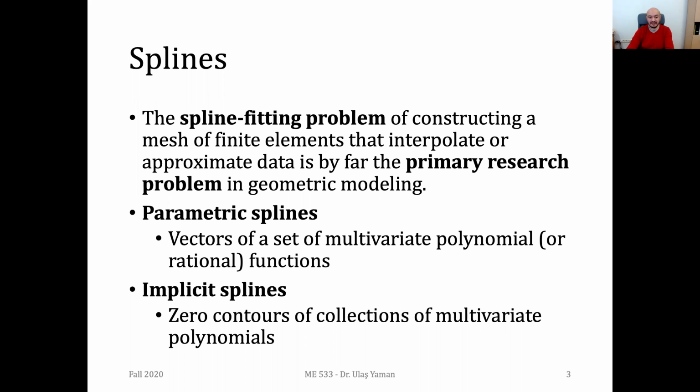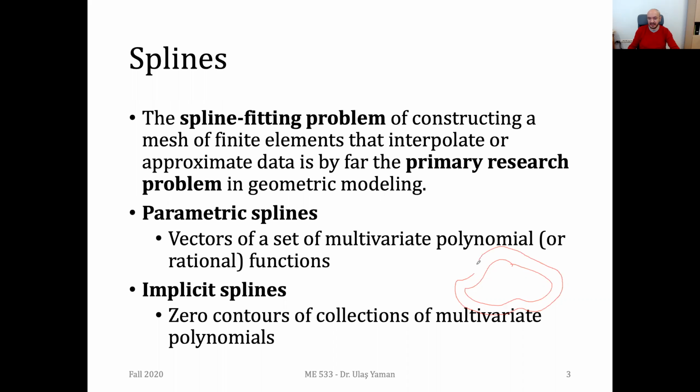For instance, you have a contour of a polynomial, and you may simply say that you need a spline having an offset of, let's say, 5 millimeters to this curve. If that's your definition, then that will be an implicit spline.